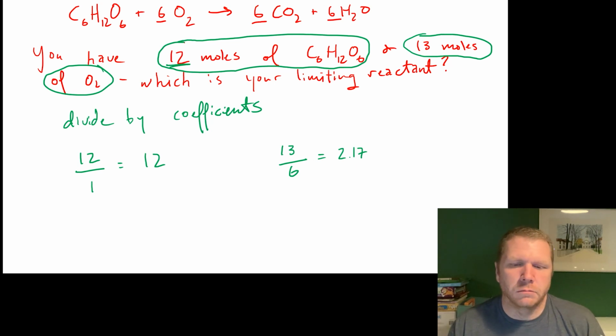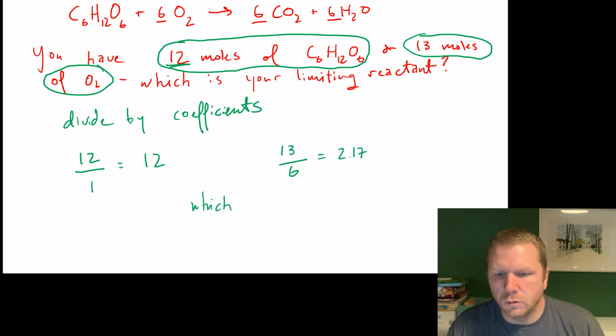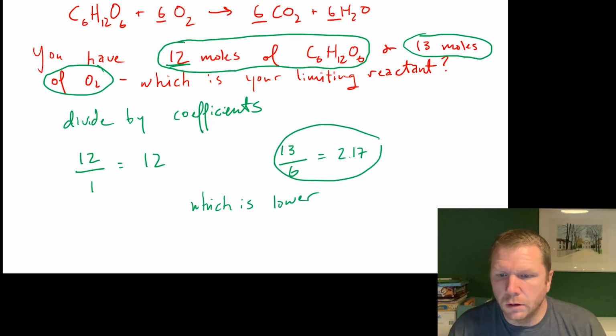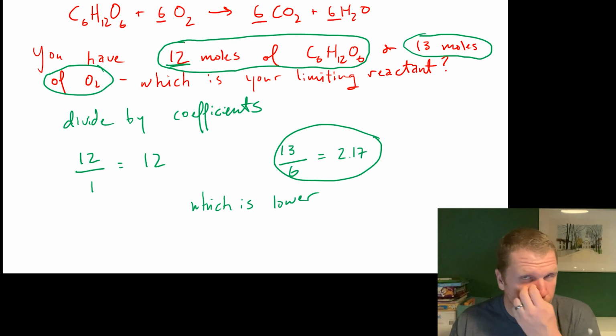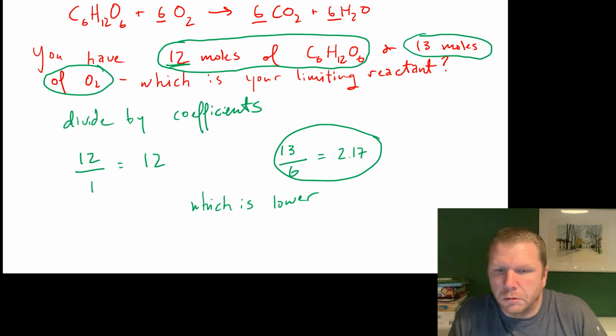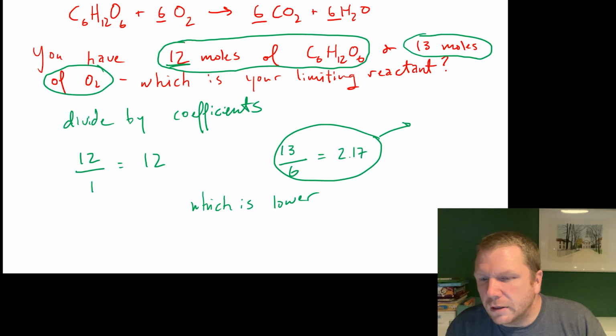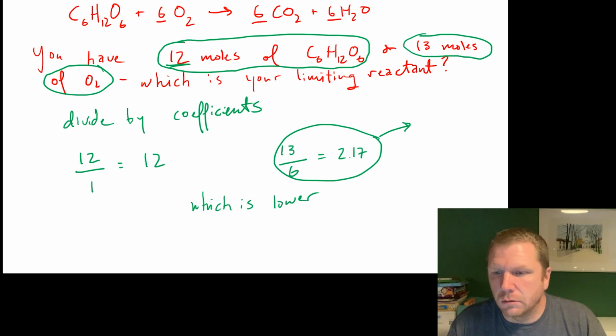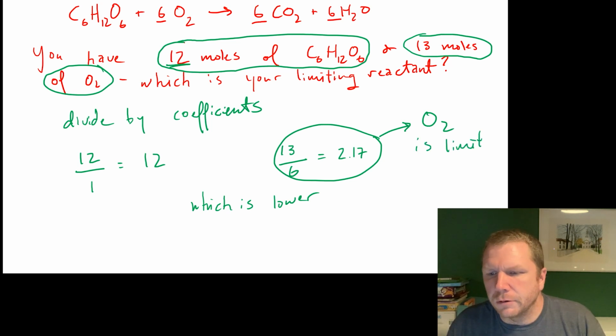Once you have done this, all that you need to do is compare these values and answer the question, which is lower? Well, 13 divided by 6 equals 2.17. That's lower than 12. And so what does that mean? That means that the substance where you had 13 moles of it, O2, is the limiting reactant.